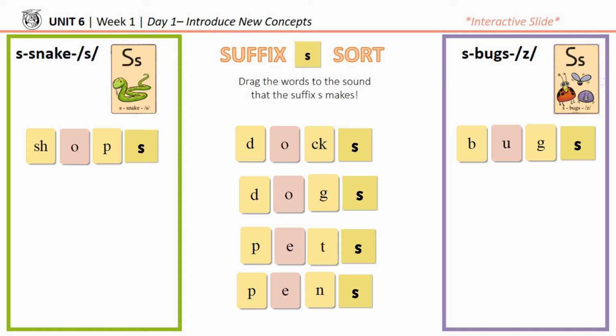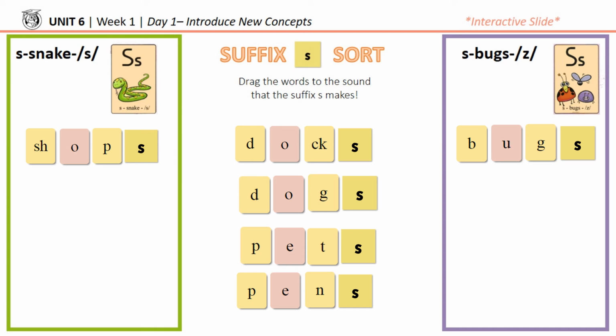Now, remember that I said that the suffix s can make the sound of s as in snake, or it can make the sound of z as in bugs. Now, I want you to listen to the words that we have here on this page, and we're going to drag the words to the sound that matches the suffix.